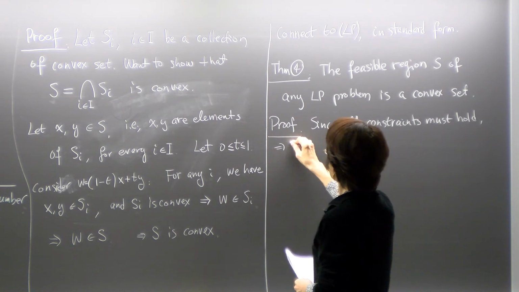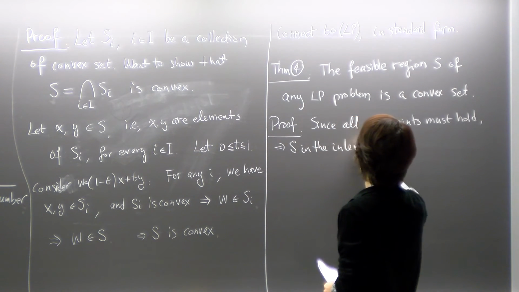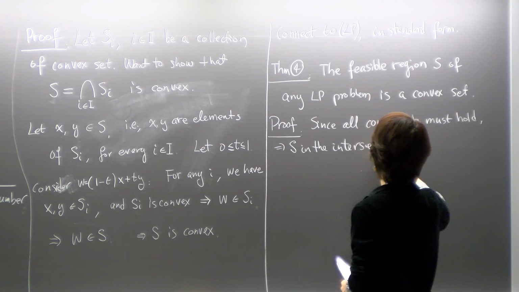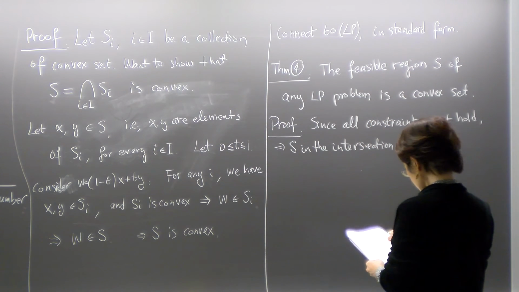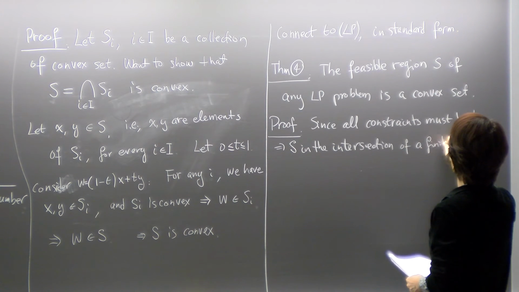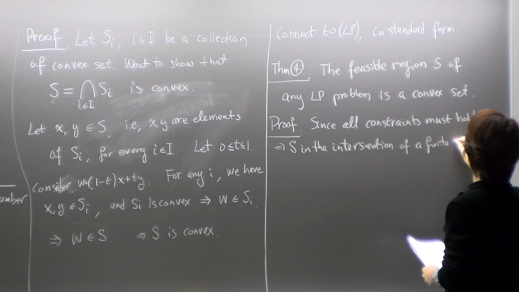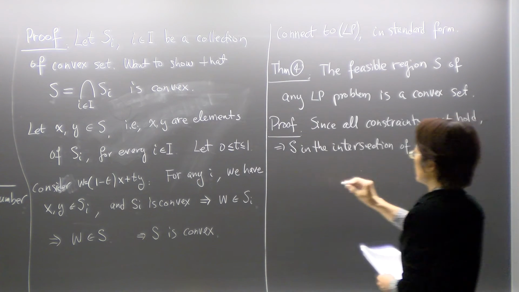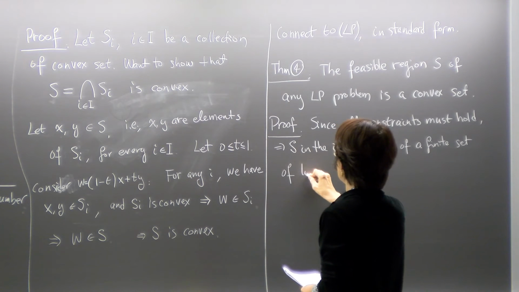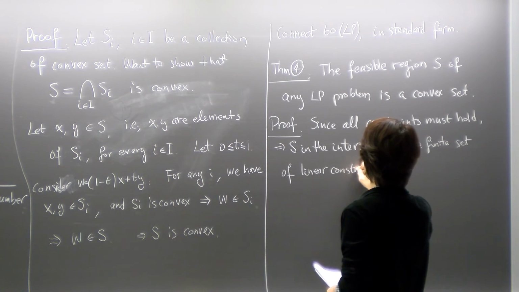This means S is the intersection of a finite set of my constraints. We know they are linear, so linear constraints.